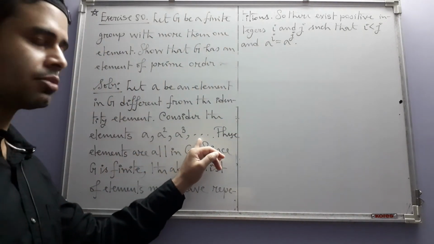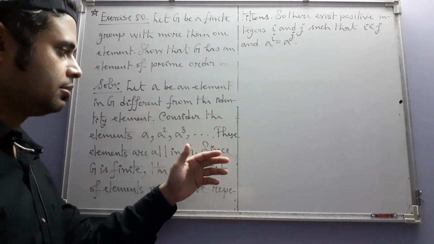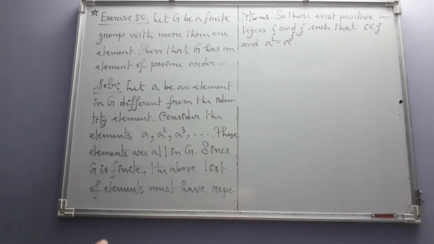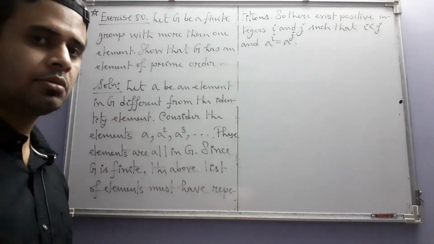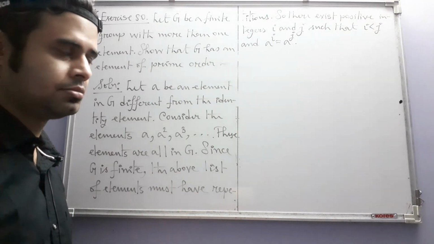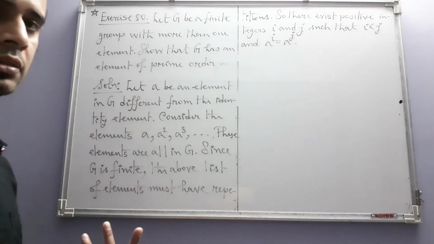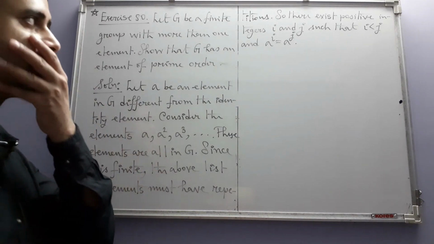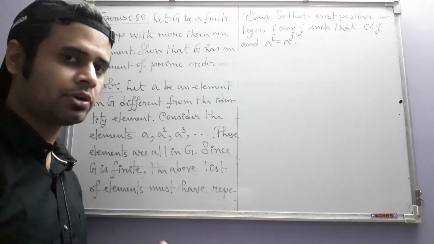You have got some a to the power I, and then that element has got repeated again as a to the power j. So although I and j are different as integers, the powers a to the power I and a to the power j turn out to be the same. That is one repetition.